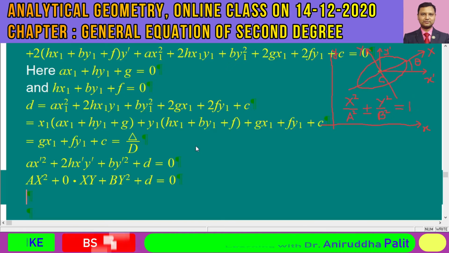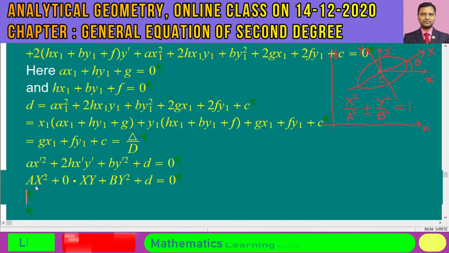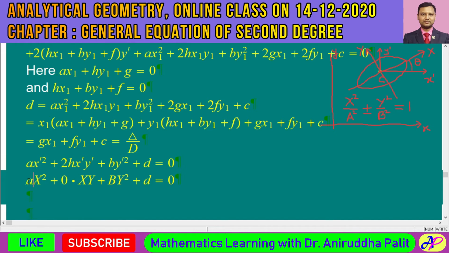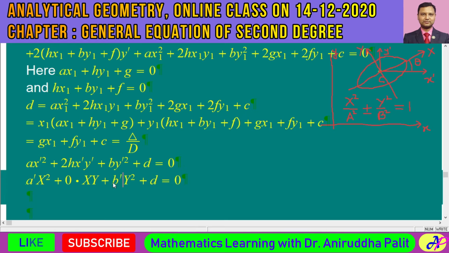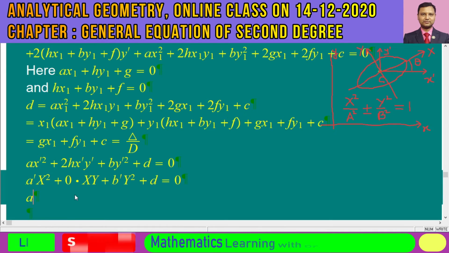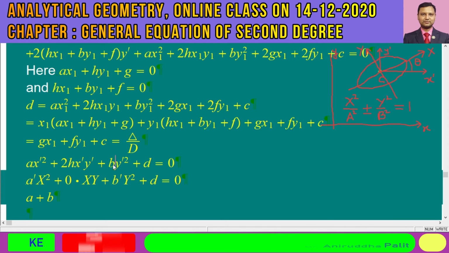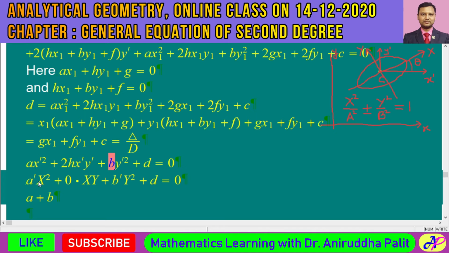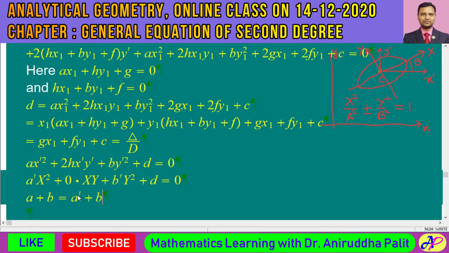So let me put a prime and b prime, because capital A has to be preserved for this kind of notation. Therefore, over here, this a plus b, the coefficient of x square and coefficient of y square, must be equal to a prime plus b prime, because this is an invariant quantity.